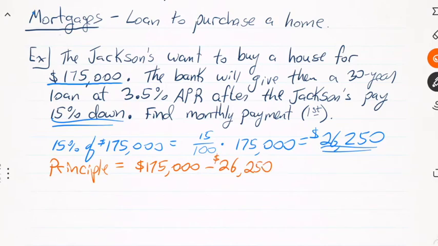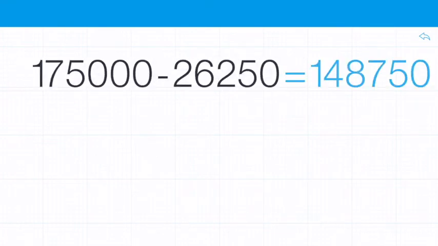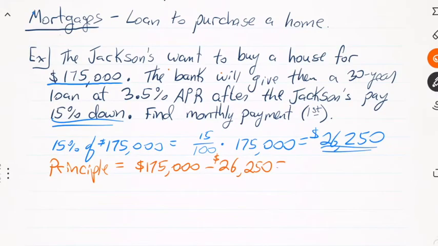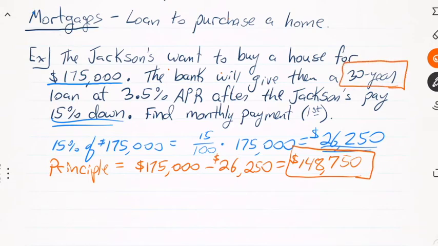So $175,000 minus $26,250 is $148,750. All right, so this is how much money the Jacksons will be borrowing, and they are going to be doing it for 30 years at 3.5% interest.